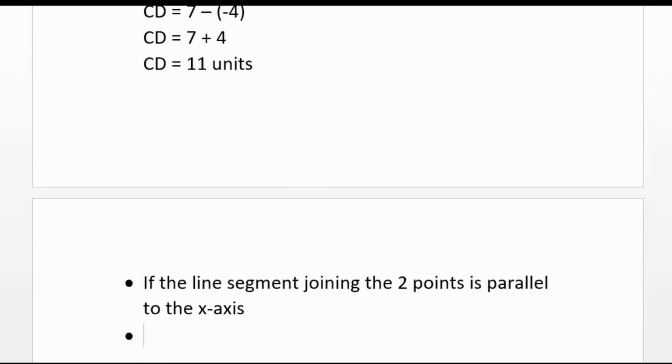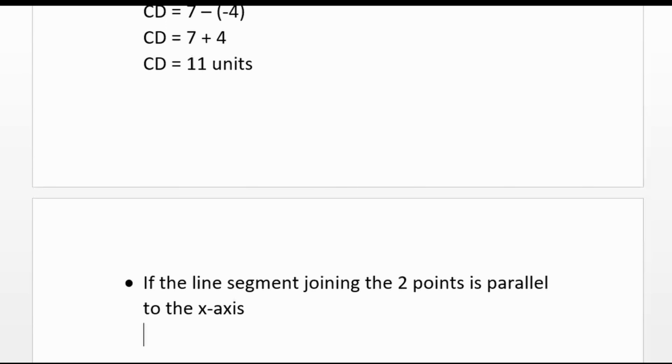How do we get to know that the given line segment is parallel to the x-axis? Always remember that if there are 2 points whose y coordinates are the same, then the line segment joining the 2 points will be parallel to the x-axis.